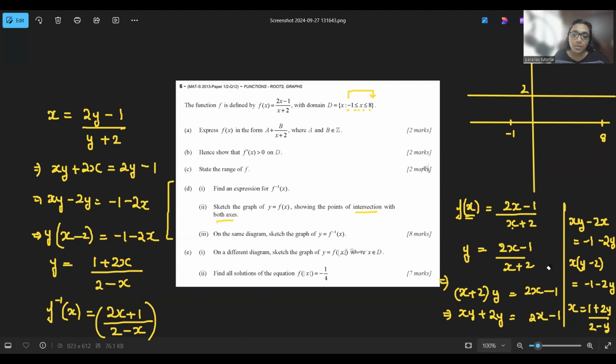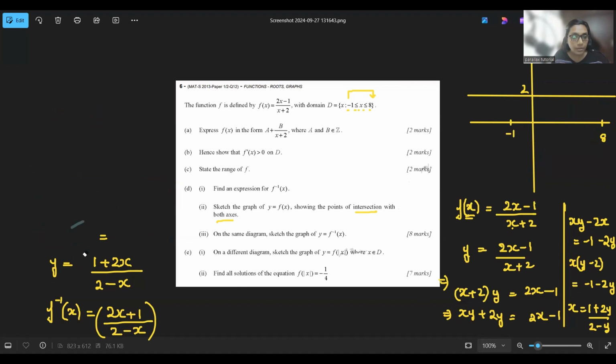The next thing we should know about sketching graphs of functions is where they cut the x and the y axis. I'm going to erase this part so that we can work out over here. Let's see where the function cuts. So this is 0, 0. We have the function as 2x minus 1 by x plus 2. I keep writing this again and again because for every part you need to know what function you're working on.